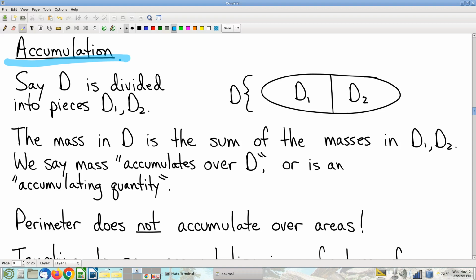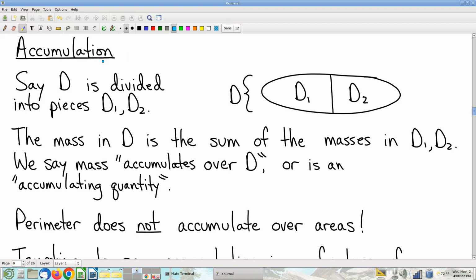In some sense, all integrals that we compute things with are using the idea of accumulation. If you have some whole that you're trying to compute, you chop it up into little pieces and argue that the whole is the sum of what you would compute individually on individual parts, right? Okay, so chop it up, add it up. So double integrals, triple integrals, it's all doing a sort of accumulation.